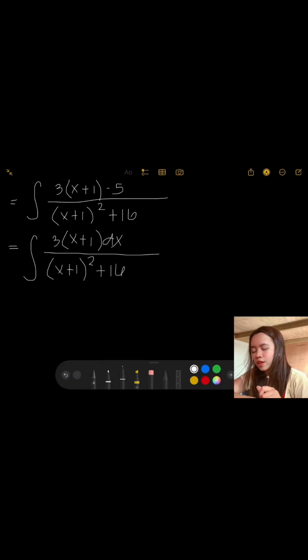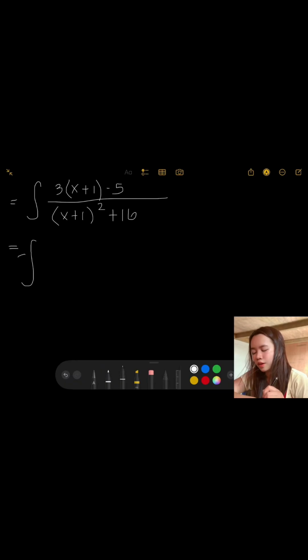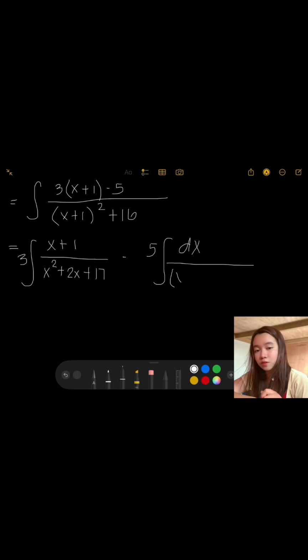So 3 multiplied by x plus 1 dx over x plus 1 squared plus 16. This will become 3 integral of x plus 1 over x squared plus 2x plus 17 minus 5 integral of dx over x plus 1 squared plus 16.